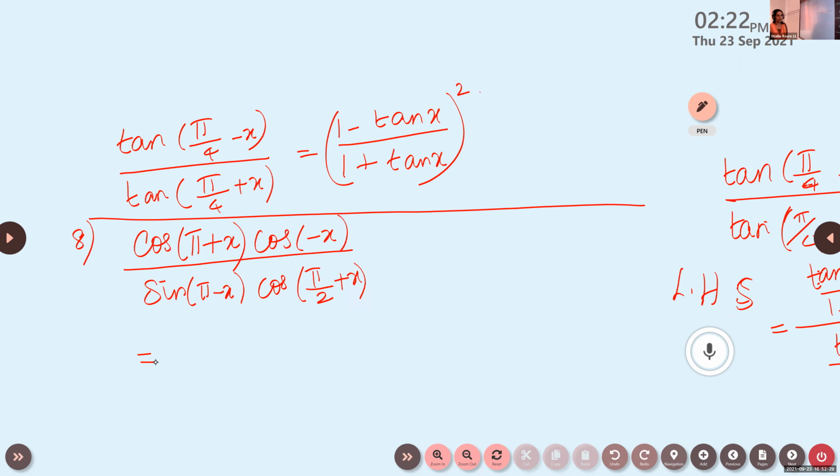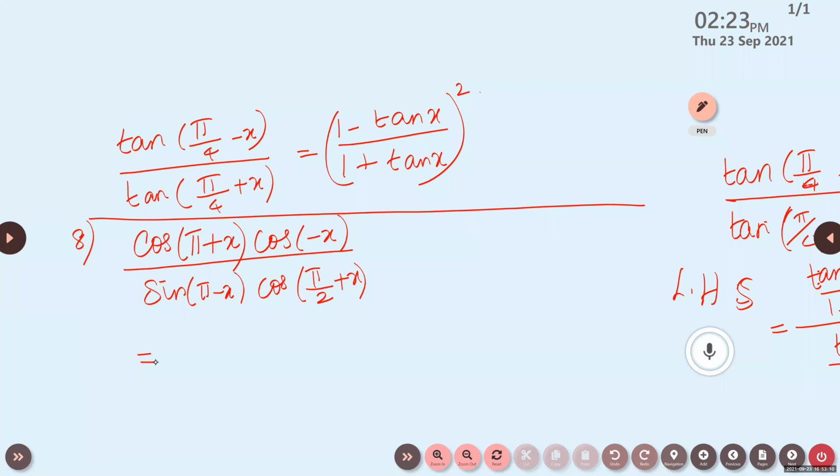What is cos of pi plus x? Naveen, Rashid, cos of pi plus x. Identities, formula. Cos of pi plus x is... I don't know.